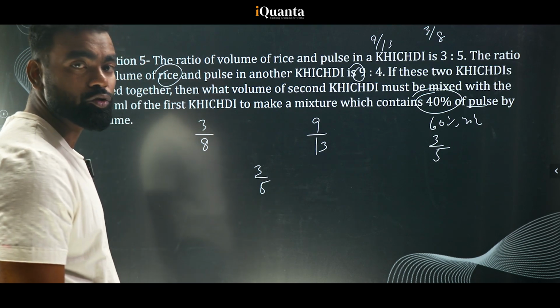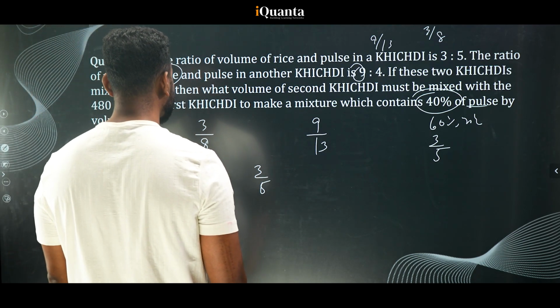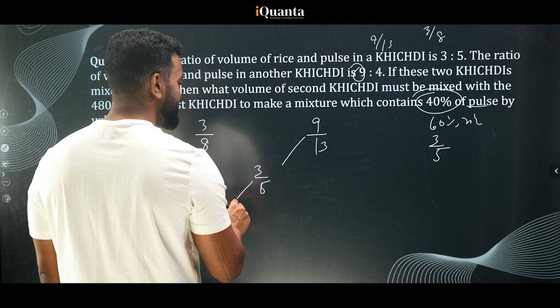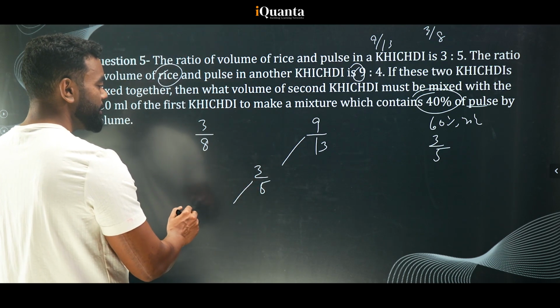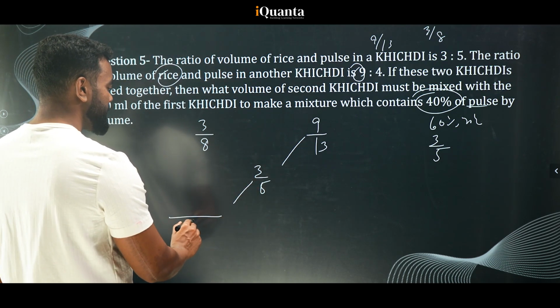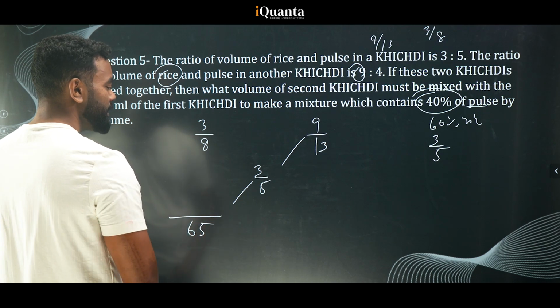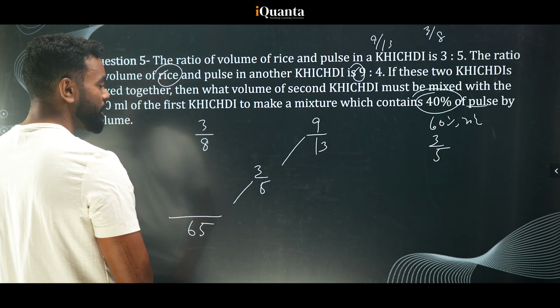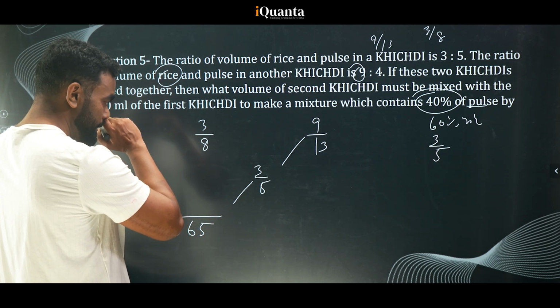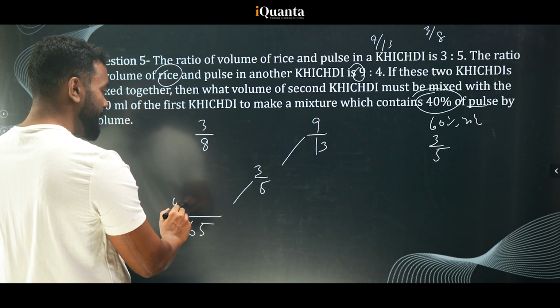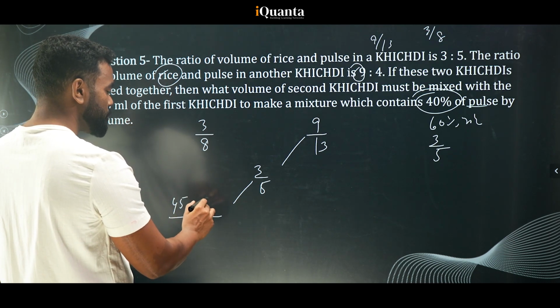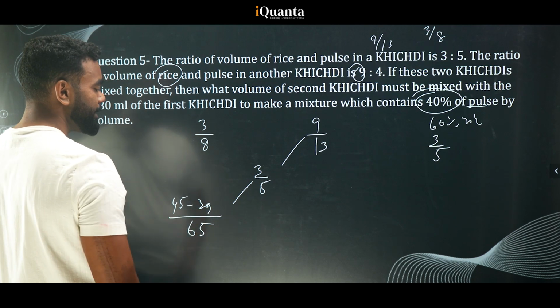So if your average is 3/5, by doing the mixture alligation, what can I say? This is 9/13 minus 3/5. So this is 65. That is, 9 times 5 is 45, minus 13 into 3 is 39, right?